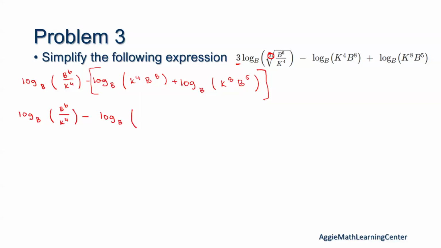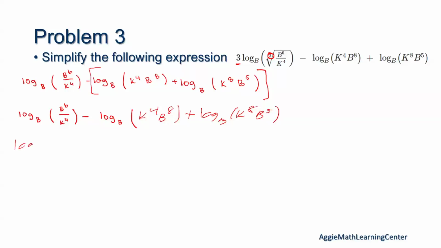So let's take whatever has the positive, that means it's going to go in the numerator. Whatever has the negative is going to go in the denominator. So if we go back into here, we have the negative log base b of k to the 4th b to the 8th, plus log b of k to the 8th b to the 5th. That's exactly what we have above.